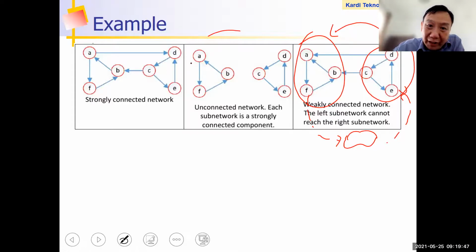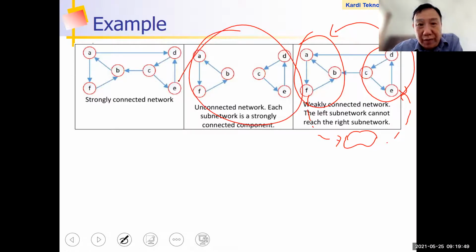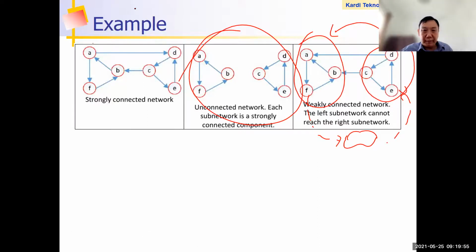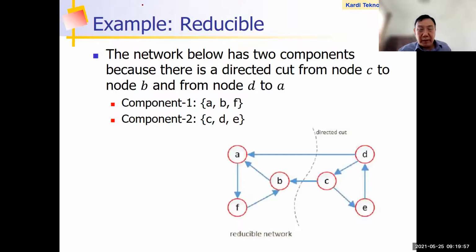If you have an unconnected network, you cannot solve using IFN, but a weakly connected one, you can still solve by adding a cloud node. So this is reducible. Reducible means you have several components. If you cut this network, you will see there are two components.